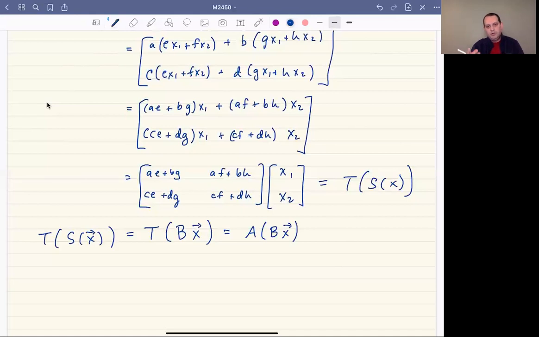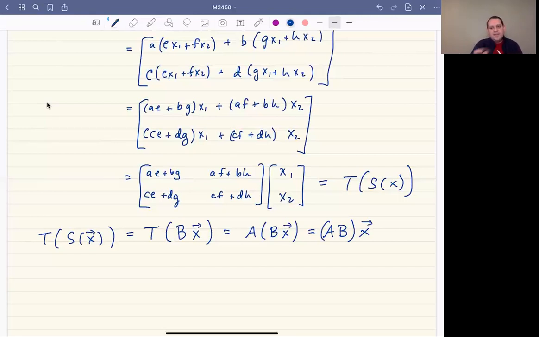It turns out matrix multiplication, and this is actually a much less obvious fact than you may realize, is associative, meaning that I can write A times B times X and not have to worry about where to put the parentheses. So I can regroup the parentheses that way.